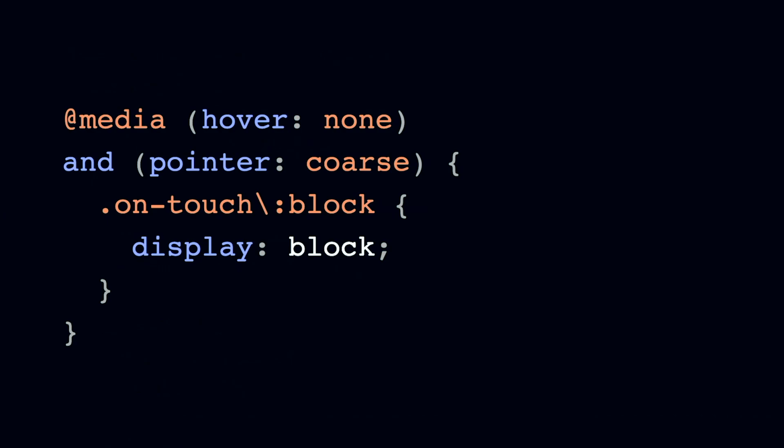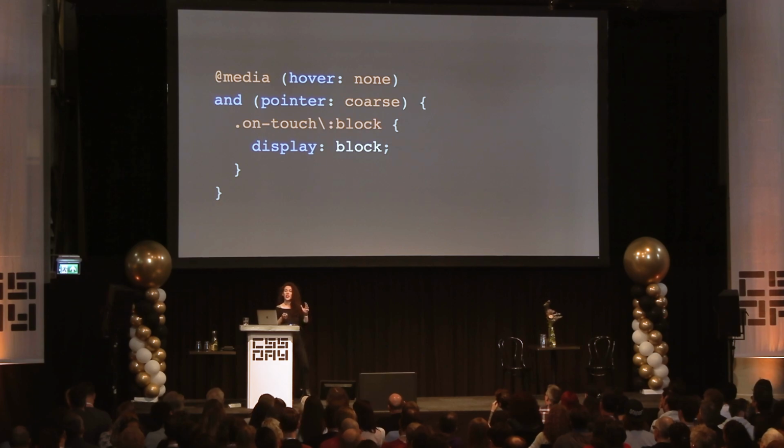In the same fashion, you can create atomic styles that only apply on devices with certain capabilities. Here, this style only applies on touch devices by targeting the lack of support for hover and the usage of a pointer that has limited accuracy, pointer coarse.